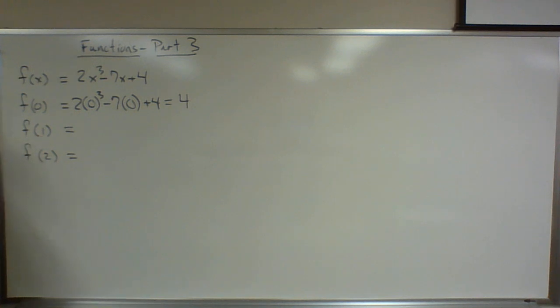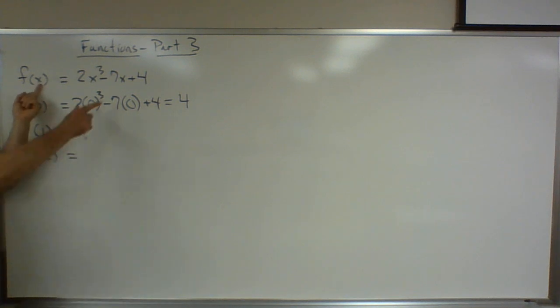To the next example. This is f evaluated at 1. So this means that 1 plays the role here that x plays up here in our definition of f of x, or our model of f of x.